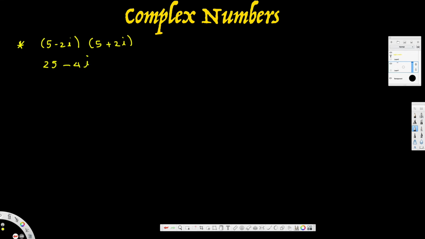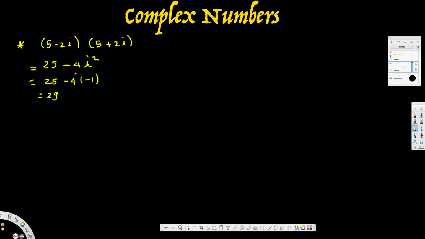You get 25 minus 4i square, and i square is -1, so 25 plus 4, that's 29.